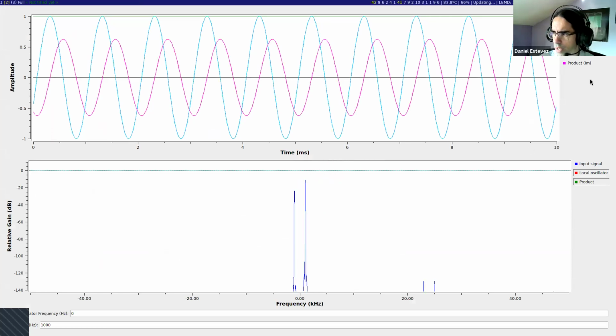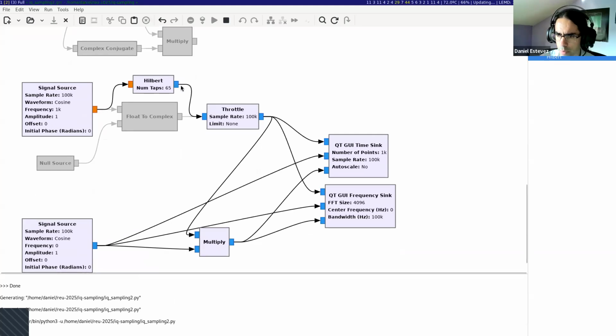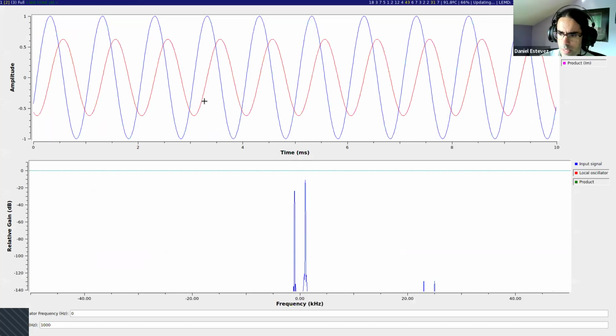So let's see how that works and if it does anything useful for us. Let me just look at the input signal. The thing I'm looking at is actually the output of this Hilbert filter. The input is a real signal. We know already too well how it has the same thing.